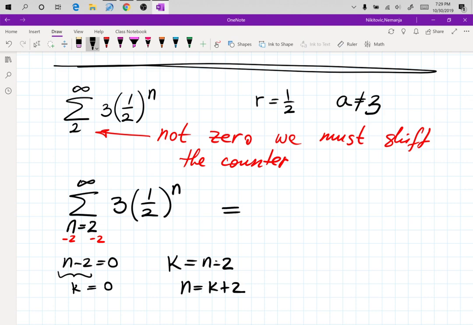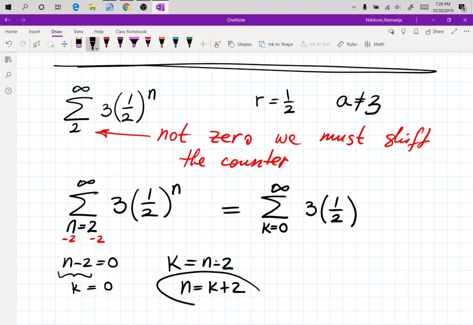So what is my series now? My series is k from 0 to infinity, 3 times 1/2 to the, I'm not allowed to put n. I just changed my counter to k. So what do I have to put up there instead of n? k plus 2. Yes.